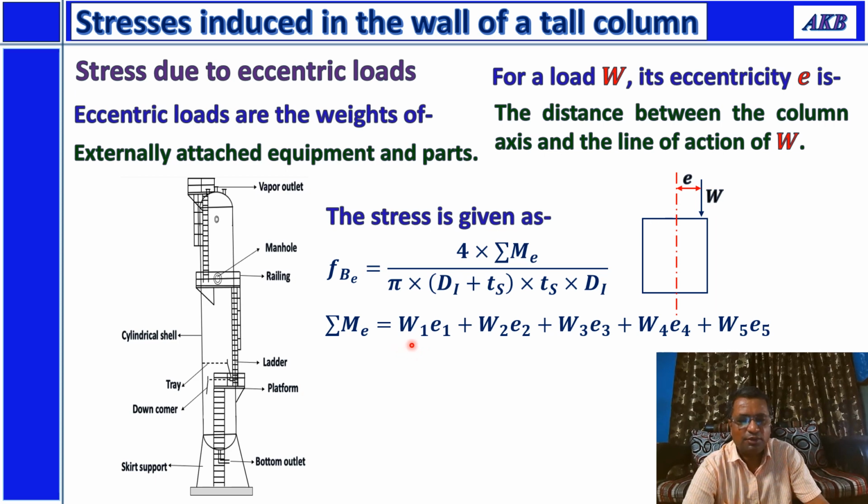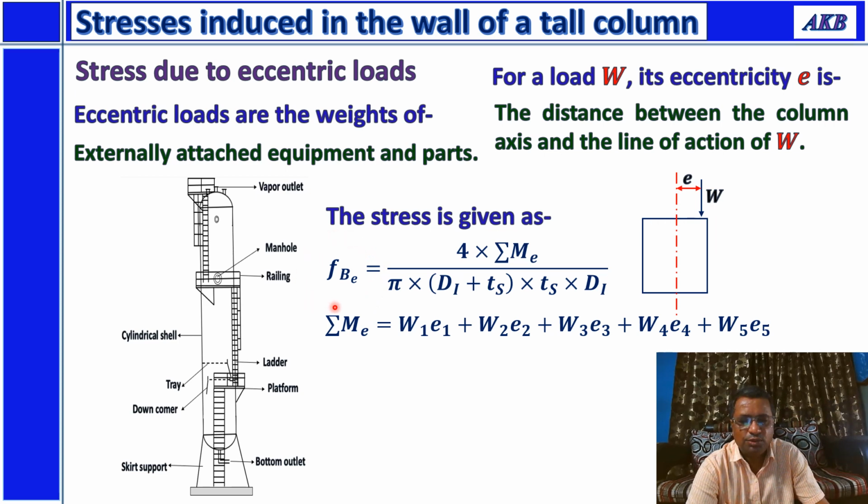How are they calculated? For example, for W1 it will be W1 into E1. For W2 it will be W2 into E2, and accordingly for all the other loads. E1, E2, E3 are the corresponding eccentricities. What is eccentricity? You can understand from this diagram.